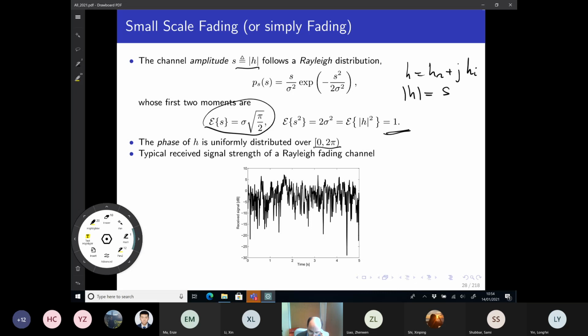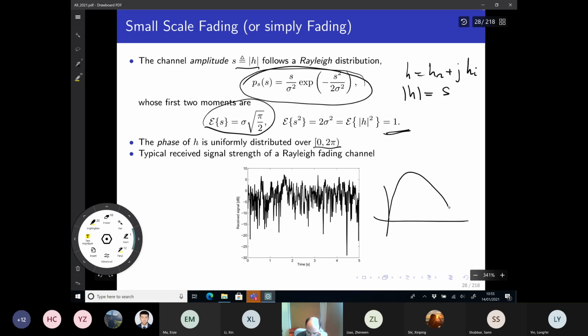And now, why is this important? Because if you look at the distribution of that, you will notice something that looks like this. If your H, your small scale fading, is distributed as Rayleigh, then as time goes by you're going to have something that fluctuates very quickly. At a certain time instance you may have quite a good channel, like here.